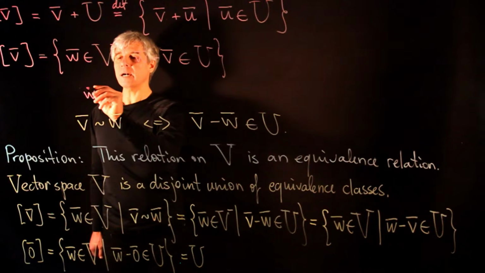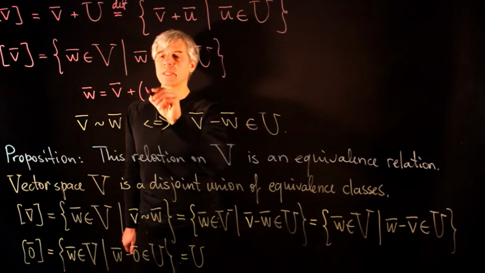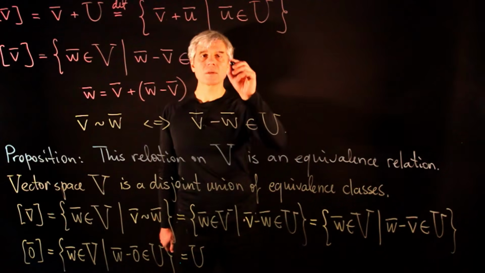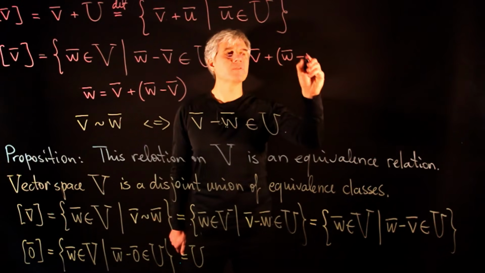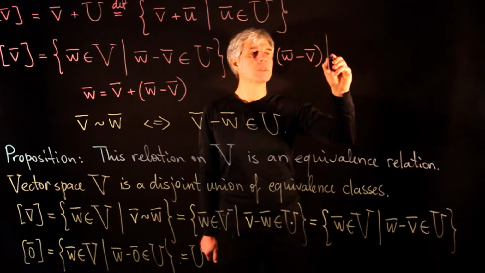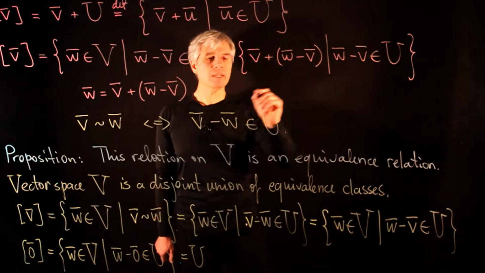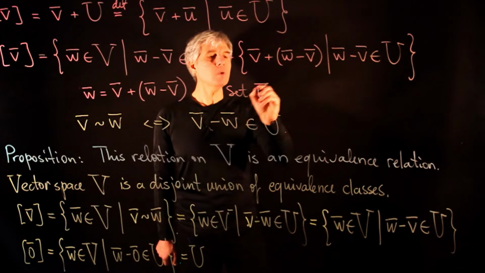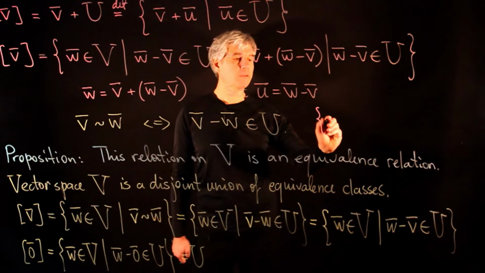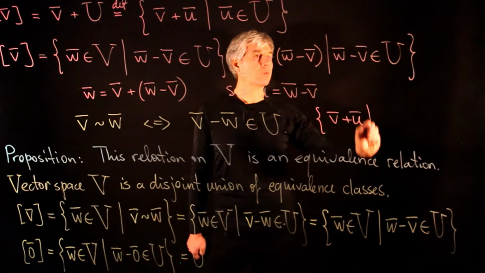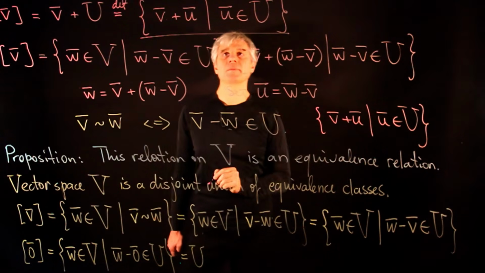But we can write W as V plus W minus V. So this becomes the set of V plus W minus V, where W minus V belongs to U. And finally, let us set vector u be W minus V. Then this set becomes V plus u, where u runs over the subspace U. And that's exactly what we claimed here.